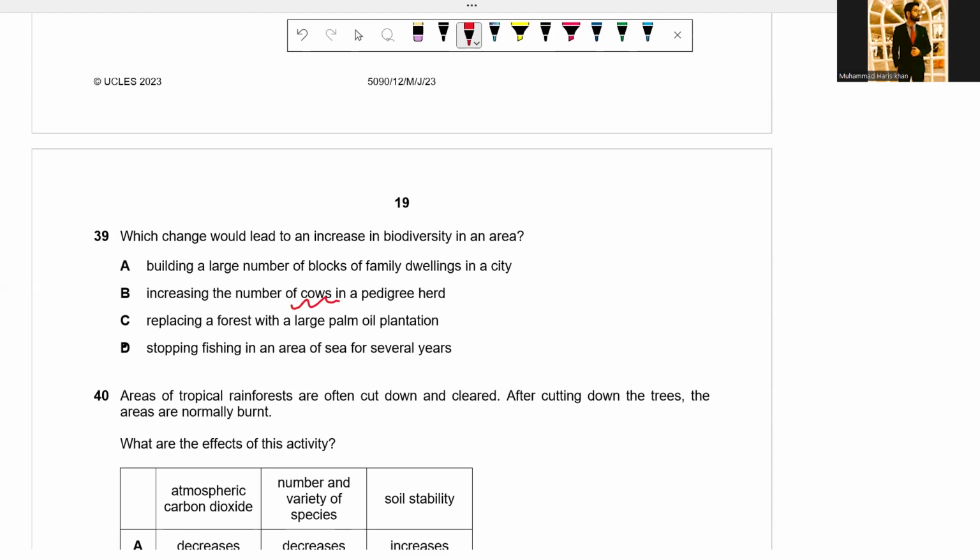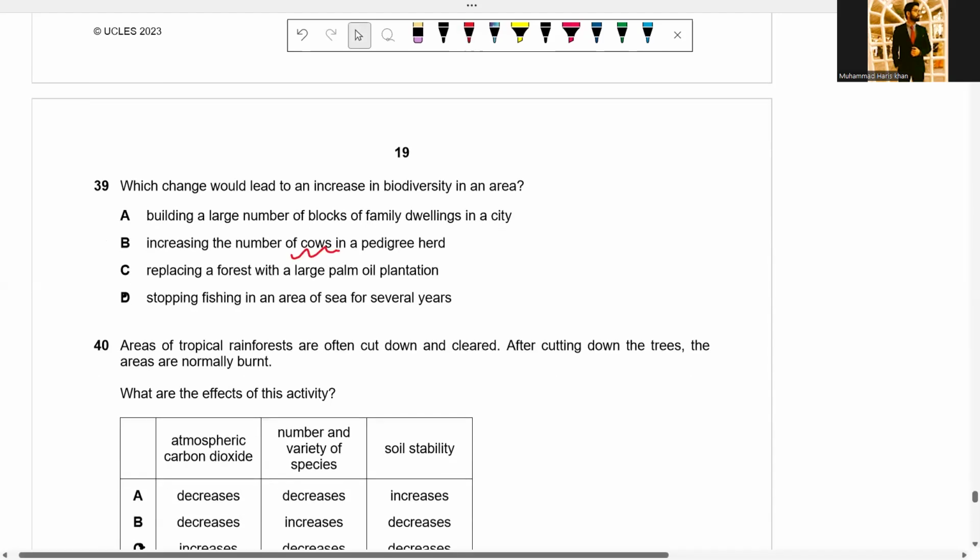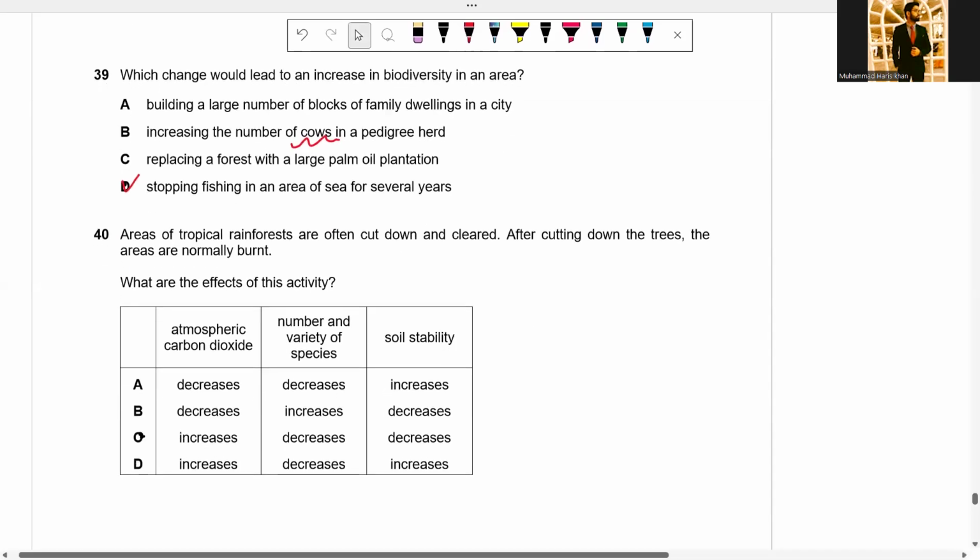Option C, replacing a forest with a large palm oil plantation. Option D, stopping fishing in an area of sea for several years. This is the appropriate option, because we will have different species of fish in the sea habitat.